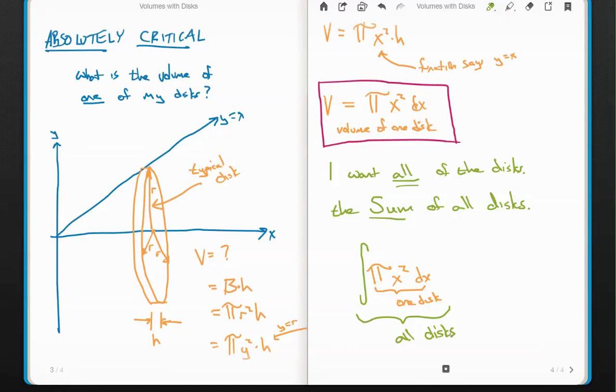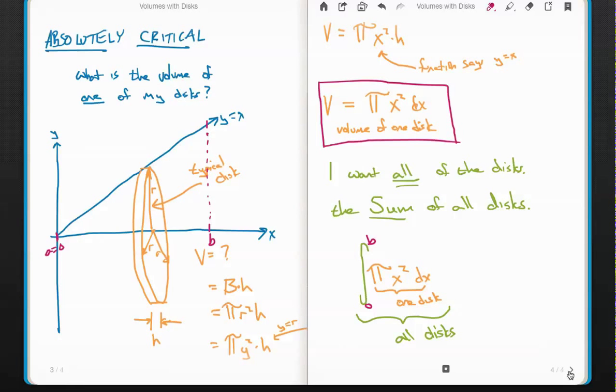Well, let's be kind of mathy here and say the limits are going to go from 0, call that a equals 0, all the way to some arbitrary b. So we're going to integrate this from 0 to some random number b.